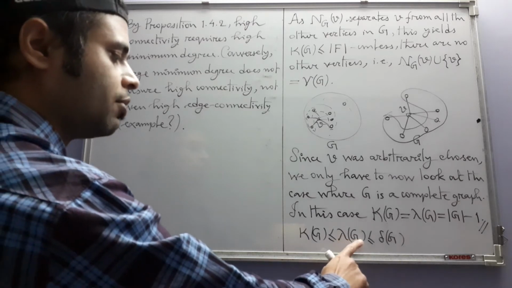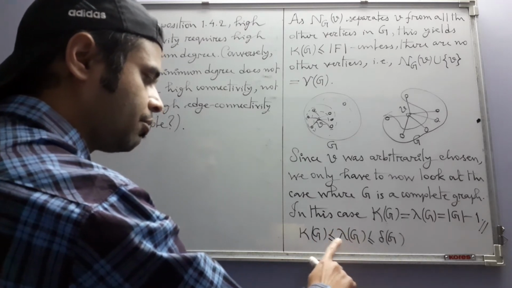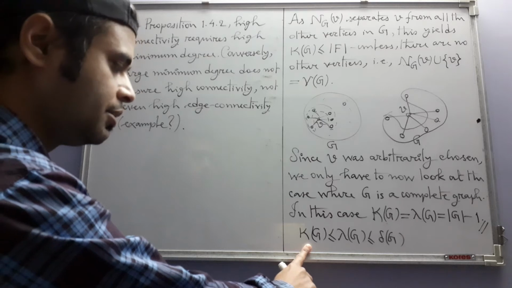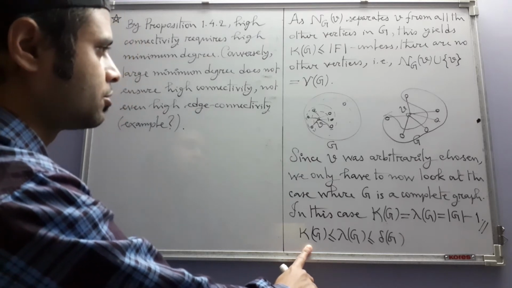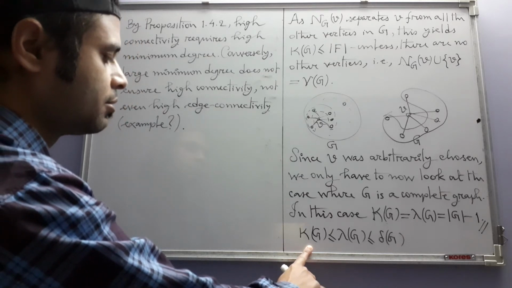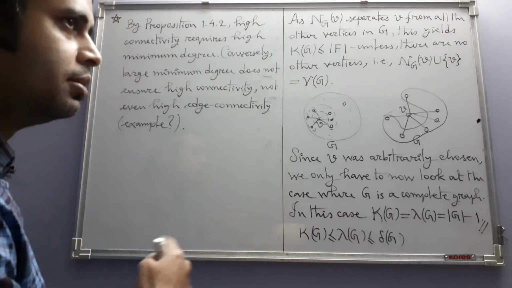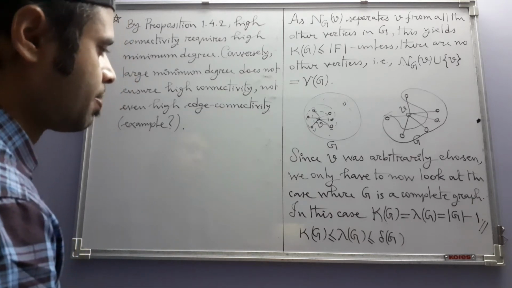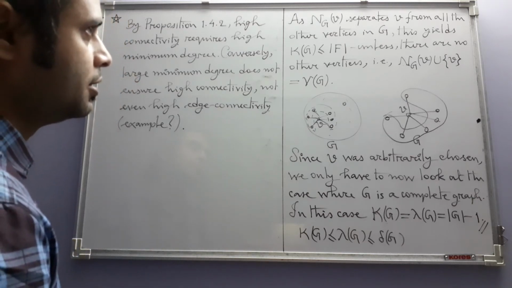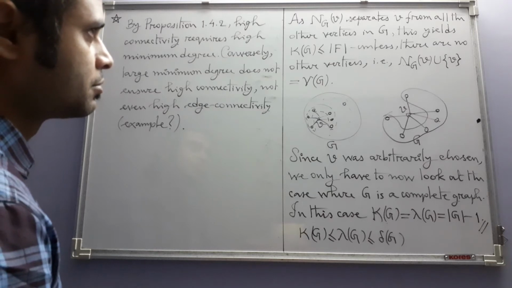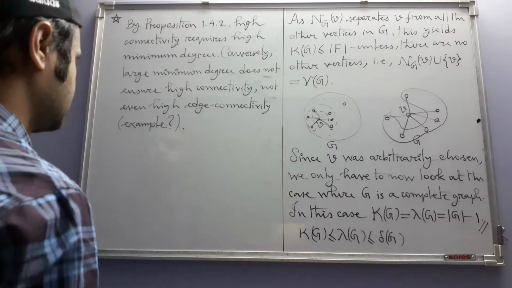Since if you have low edge connectivity, that will automatically make the connectivity also small. So we can think in terms of removing edges. Large minimum degree. Oh yes.